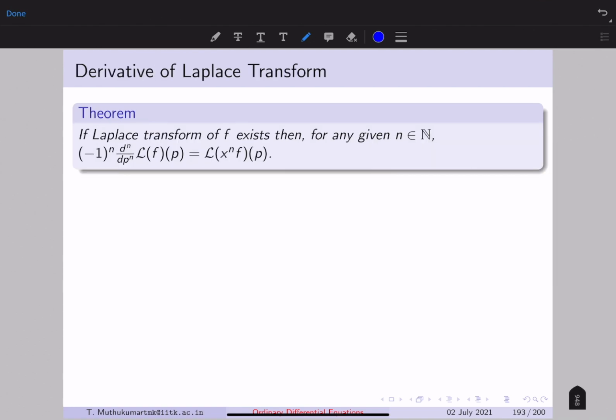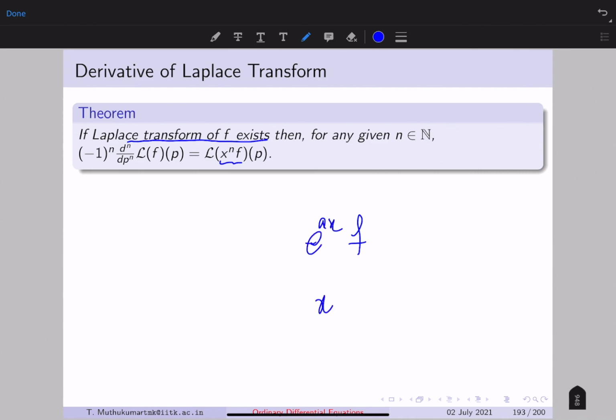Now next is the property: what is the derivative of the Laplace transform. In fact, that is one way of looking at it. The other way of looking at it is, suppose the Laplace transform of f exists, what is the Laplace transform of the function f multiplied by a polynomial of degree n? So far, in the previous shifting theorem, what we have seen is the Laplace transform when you multiply f by the exponential function.